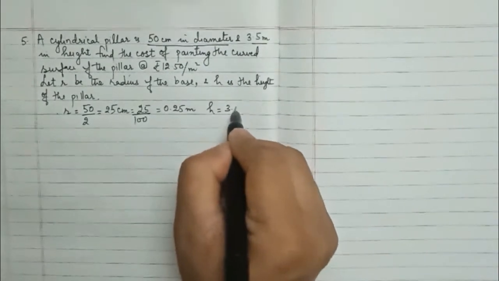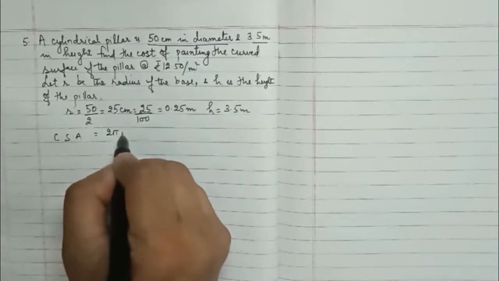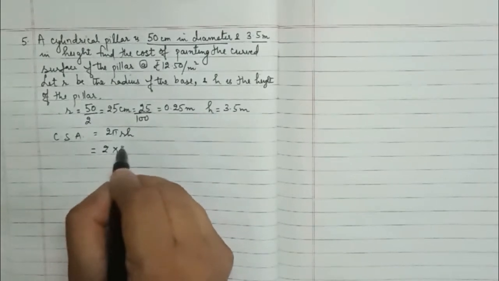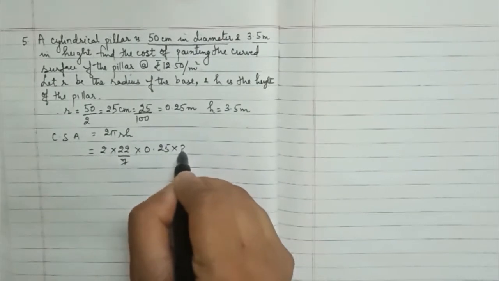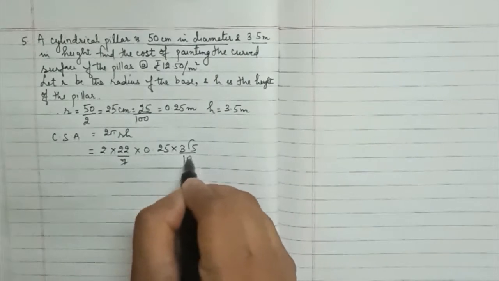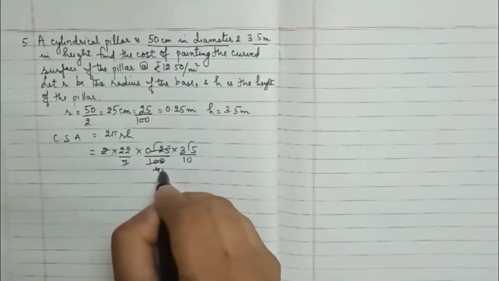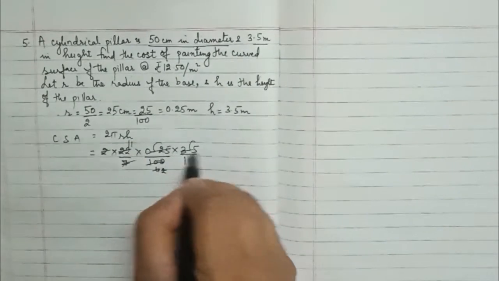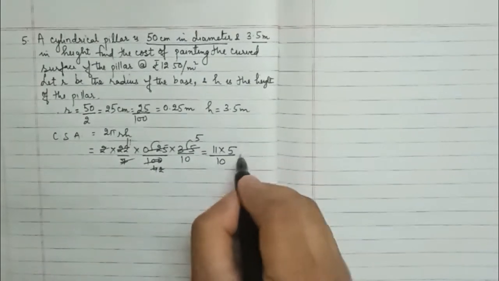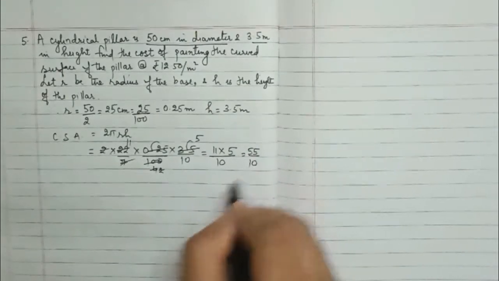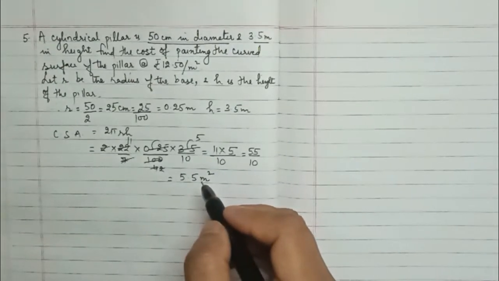Height is given 3.5 meter. The curved surface area of pillar will be equal to 2 pi RH, which is equal to 2 into 22 upon 7 into 0.25 into 3.5. We will do the calculations. 25 fours are 100, 2 twos are 4, 2 elevens are 7, 5 sevens are 35. That is equal to 11 into 5 upon 10 is equal to 55 upon 10, which is equal to 5.5 meter square. This is the curved surface area of the pillar.